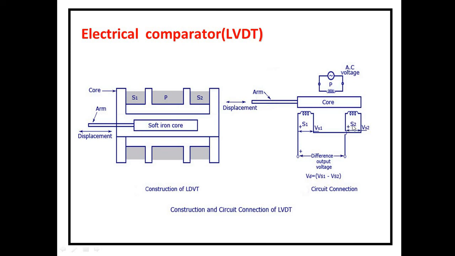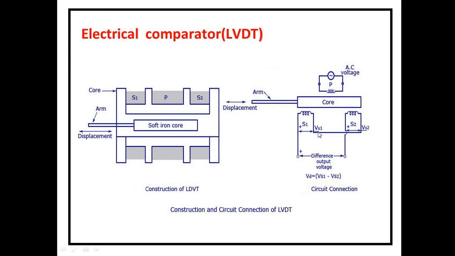Now as we know, both secondary windings S1 and S2 are identical and are placed symmetrically with respect to the primary coil. So the ferromagnetic core, that is the armature, is at the null position.